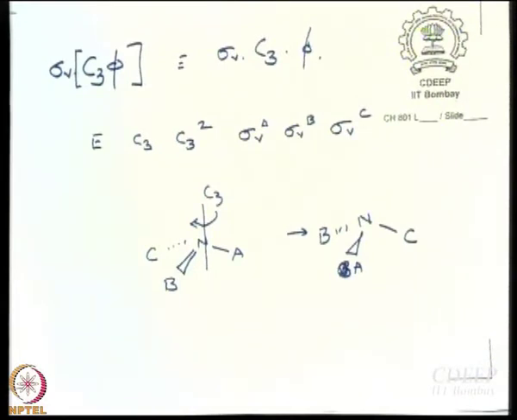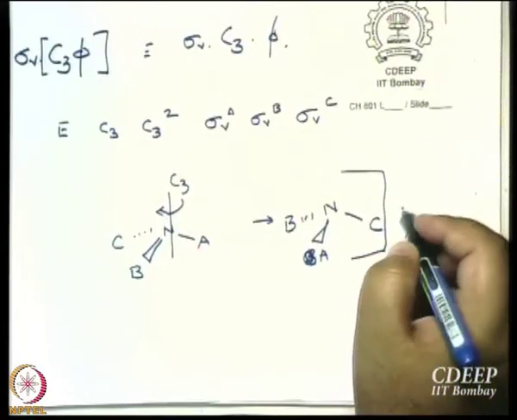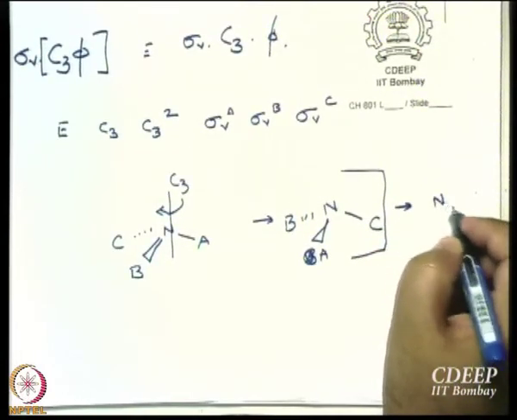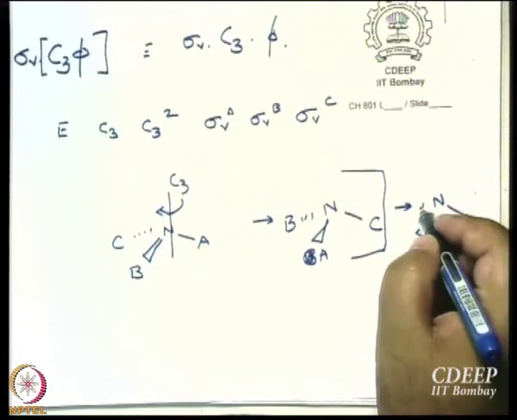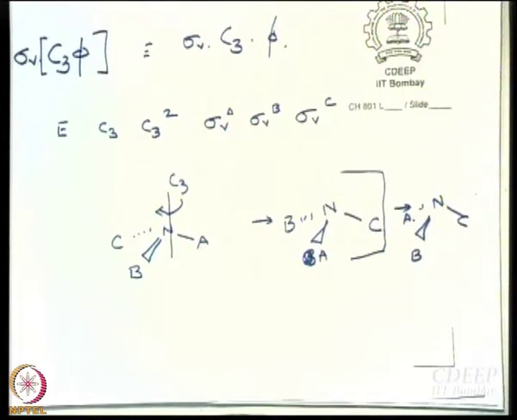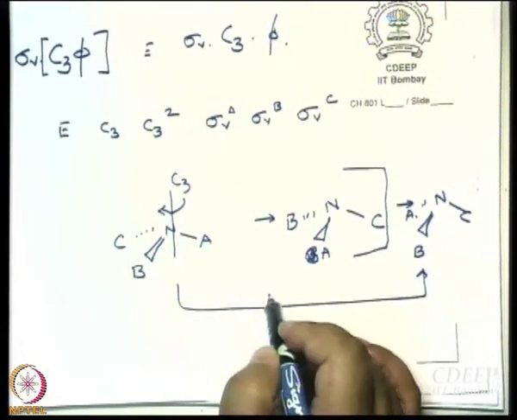Now, let us say we operate sigma v A. What was the original sigma v A? The plane of the paper. Then what do I get? C, B, A. Can I go from here to here by a single symmetry operation?